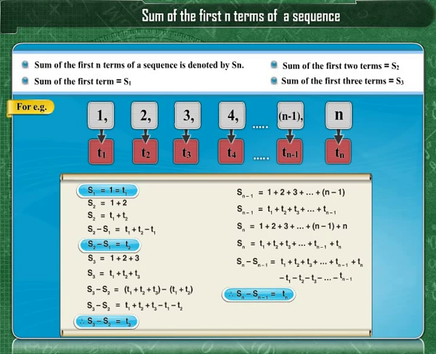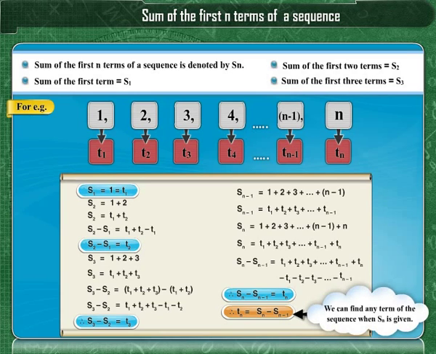Thus, we get S1 is T1, S2 minus S1 is T2, S3 minus S2 is T3, and so on. Sn minus Sn-1 is Tn. This means Tn is Sn minus Sn-1. By using this equation, we can find any term of the sequence when Sn is given.